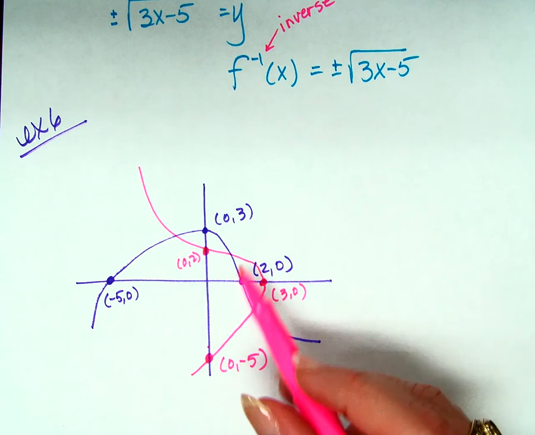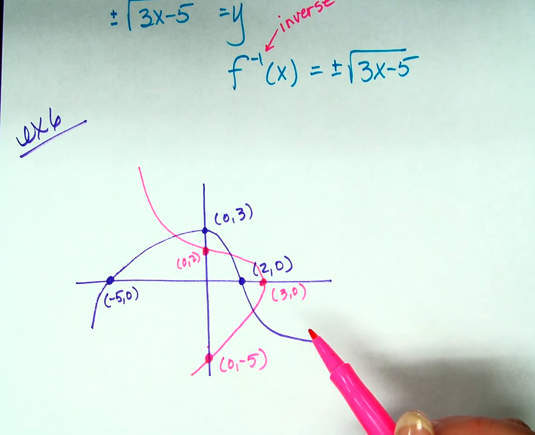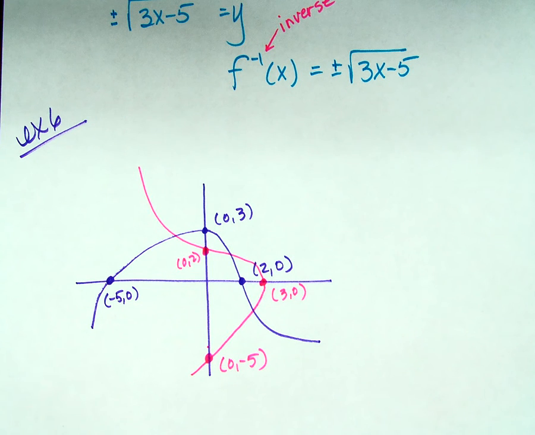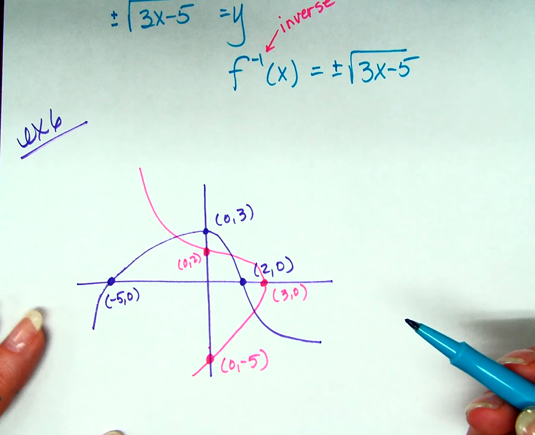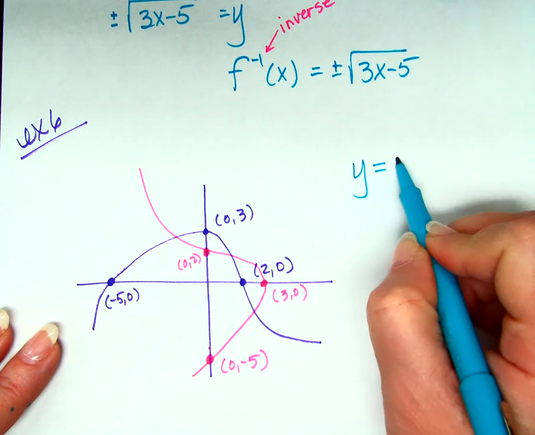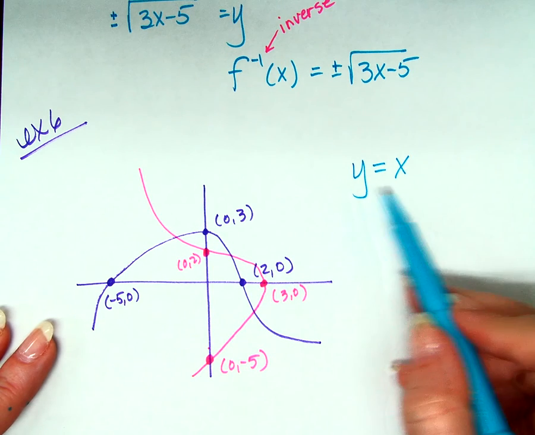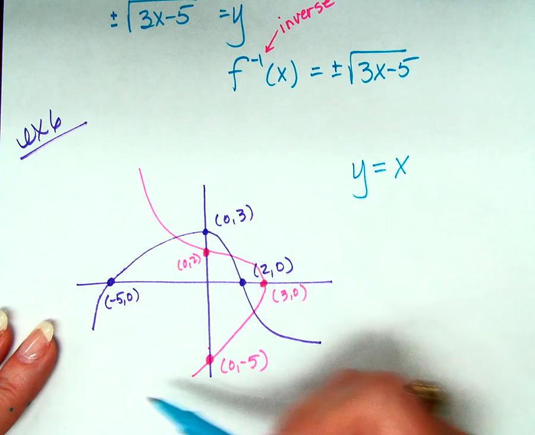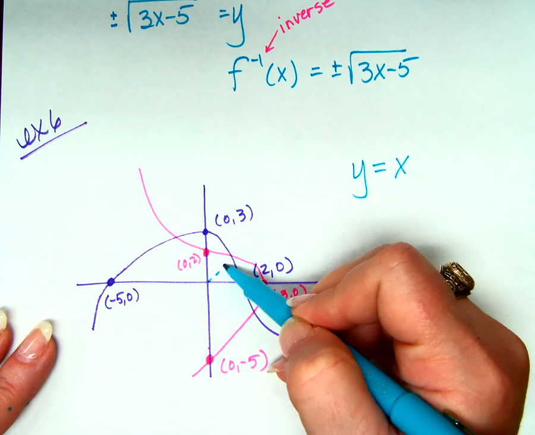Now here's the thing about inverse functions. To find an inverse function, we switch x and y and solve for y, right? So in a way, we're kind of making x and y equal to each other. Well, if x and y are equal to each other, it seems logical that I could plot this line on this graph.